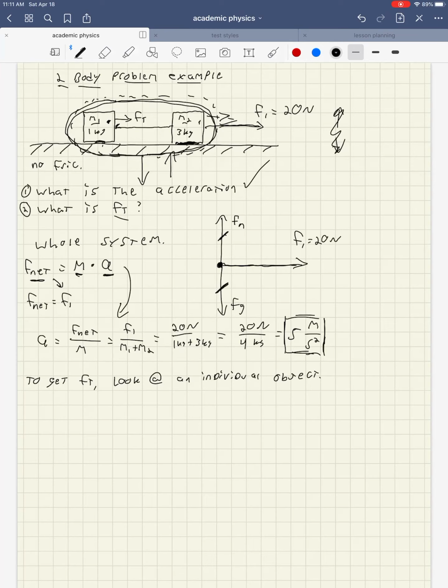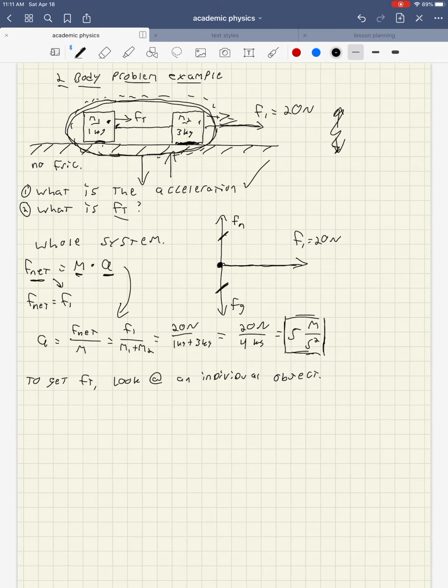It doesn't matter which one, both will give you the same answer, and I'm going to do both just to show you. But really, save yourself some time. You don't need to do both. Only one is necessary. It's nice to do both because then if you get the same answer both times, you're on the right track. But let's start with M1.